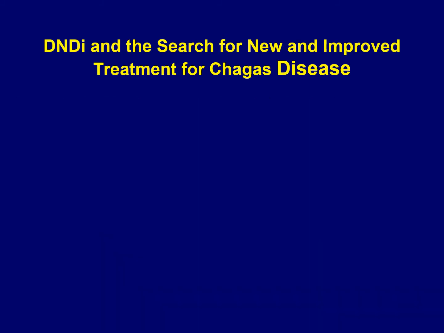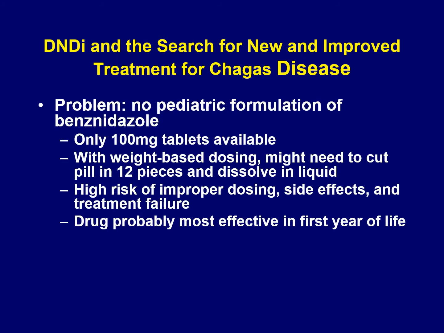The Drugs for Neglected Disease Initiative has done a lot of work in drug development for neglected tropical diseases, and is really one of the only organizations out there that has taken this colossal challenge on. There was a problem previously in that there was no pediatric formulation of benznidazole, which is the antiparasitic drug used to treat Chagas disease.